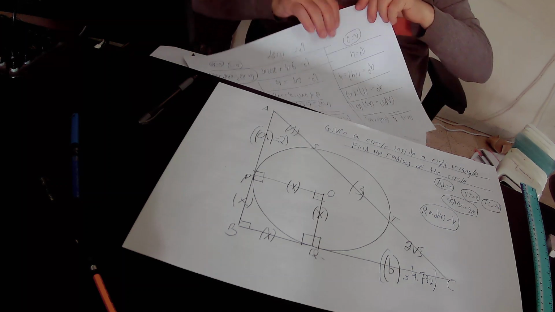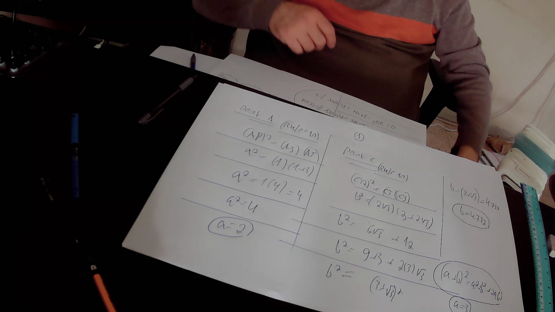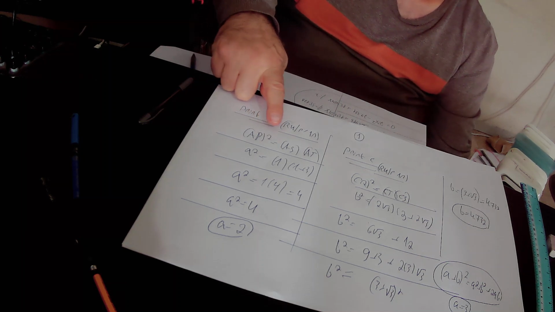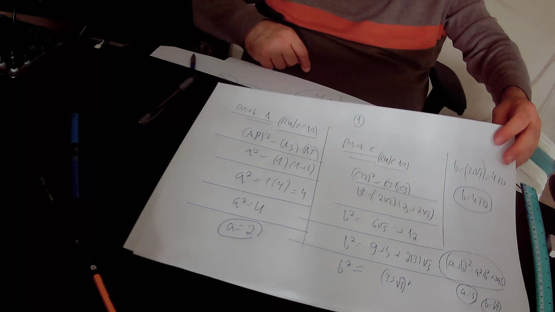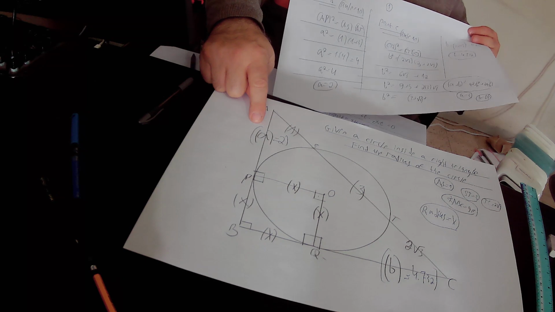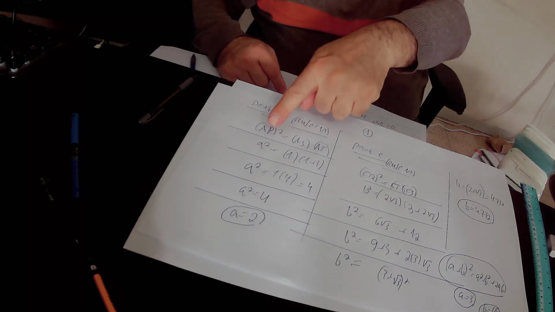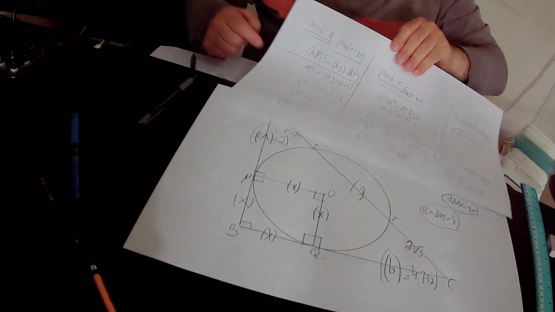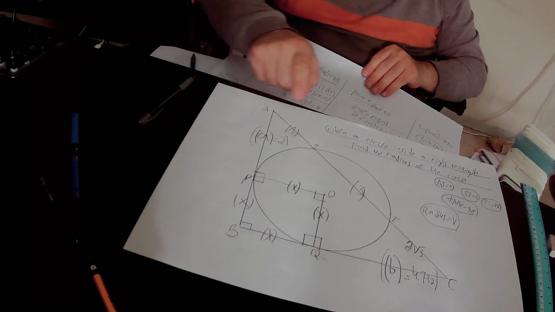And then again, if you focus at point A, according to rule 10, AP squared equals AS times AT. AP is A, therefore AP squared is A squared, and it equals AS, which is 1, times AT.